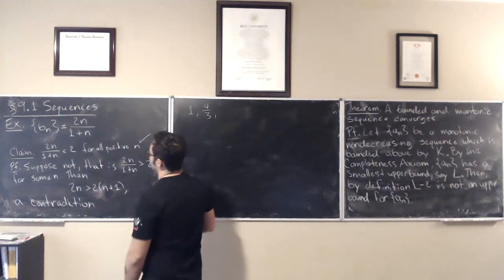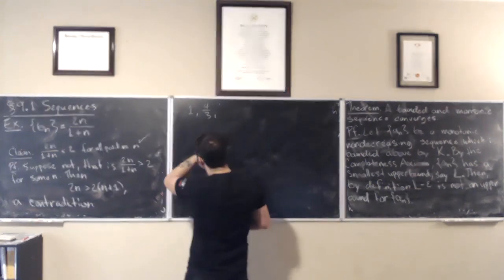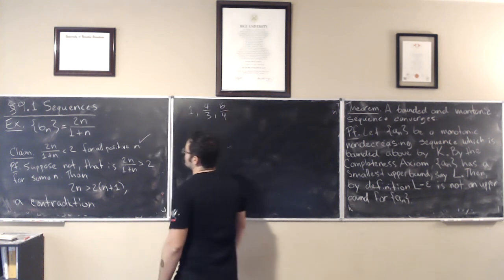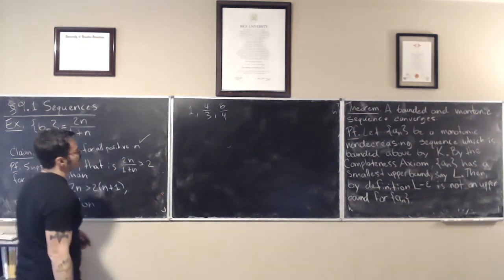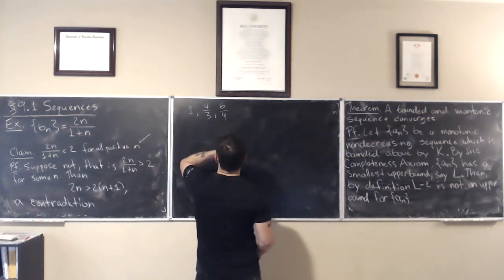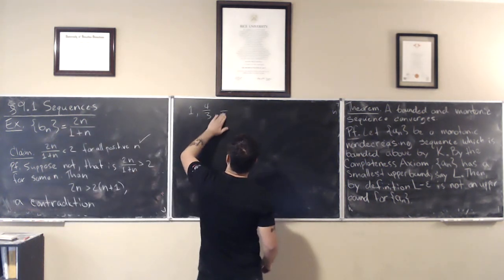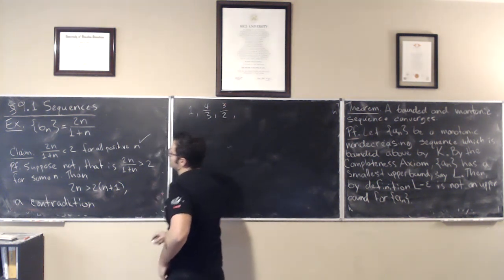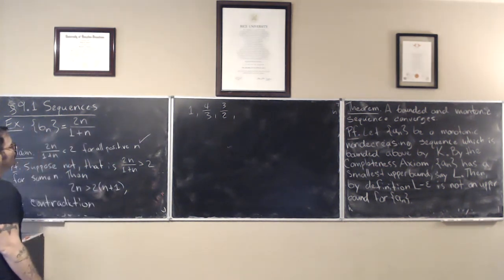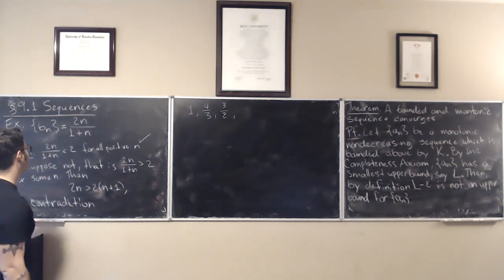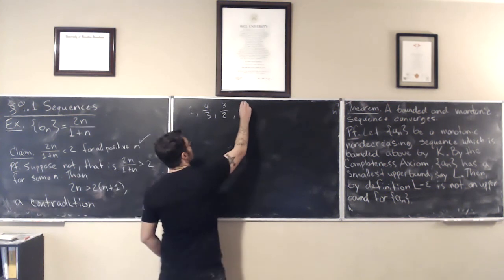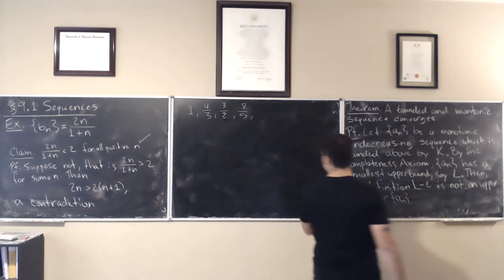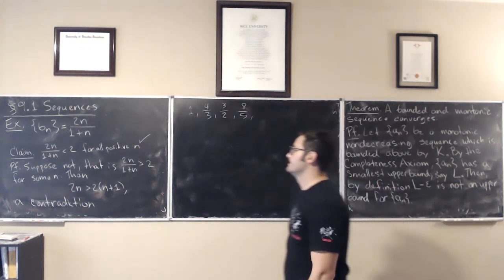When n is equal to 3, we have 6 fourths, which is 3 halves. When n is equal to 4, we have 8 fifths. And it definitely looks like it's going to be monotone.